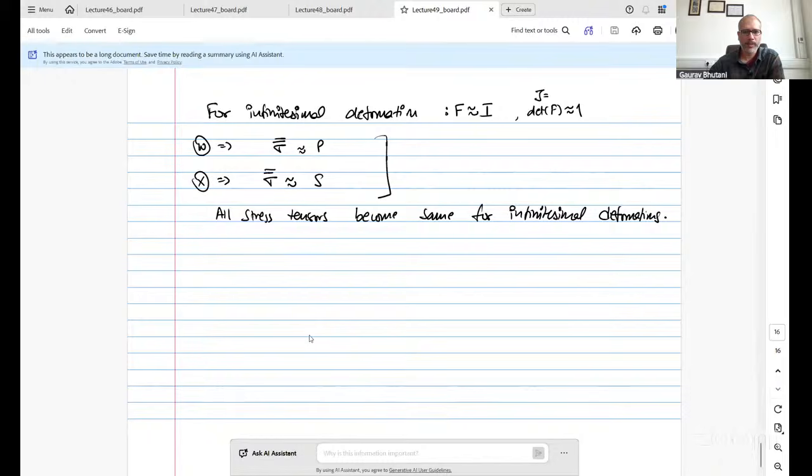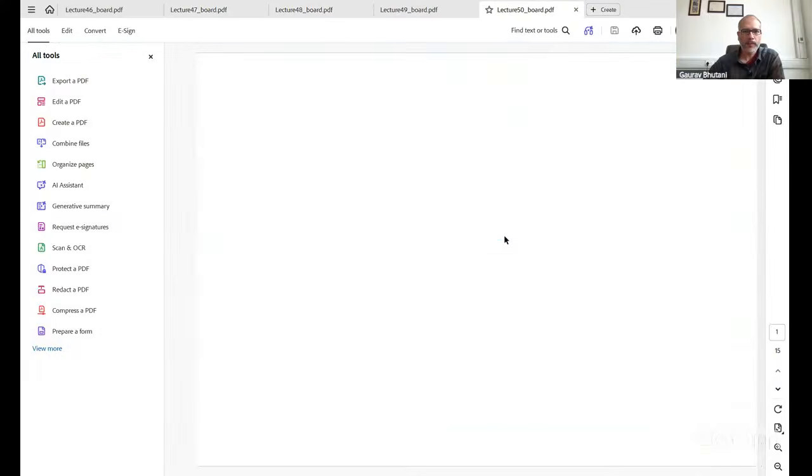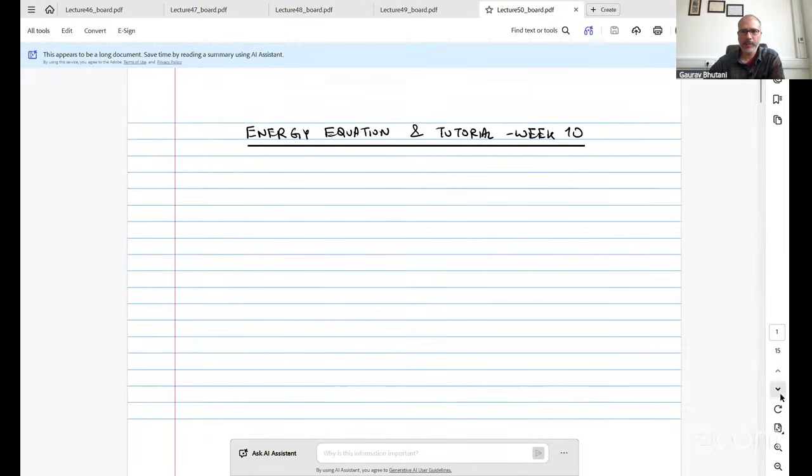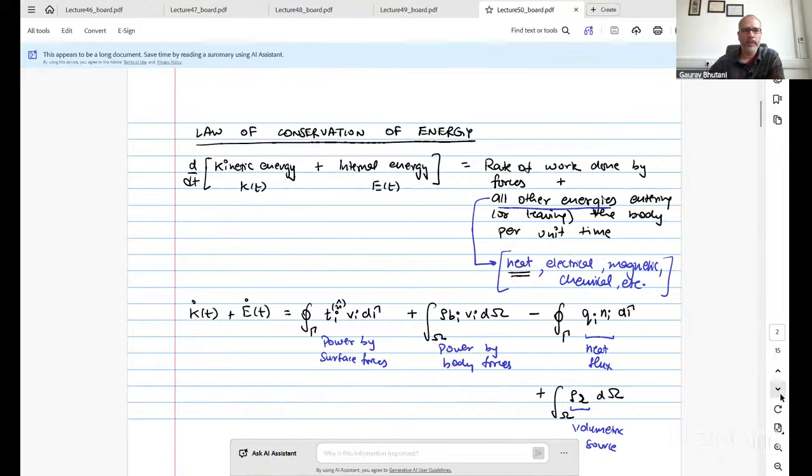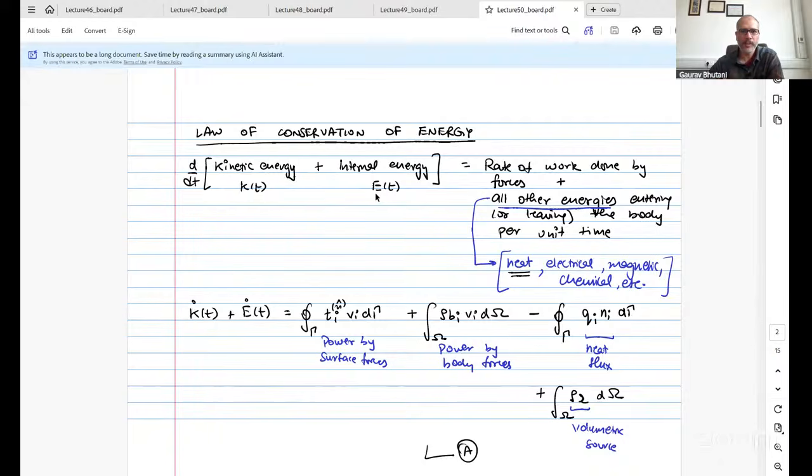Next was a tutorial, but before the tutorial, we also discussed the energy equation, a very brief discussion, where we first wrote the law of conservation of energy. Let's go to the right hand side first. All the energies which are entering or leaving the body per unit time, plus whatever rate of work is done by the different forces on the body, all that can either increase the internal energy, so you're storing that energy, or it can increase the kinetic energy of the system.